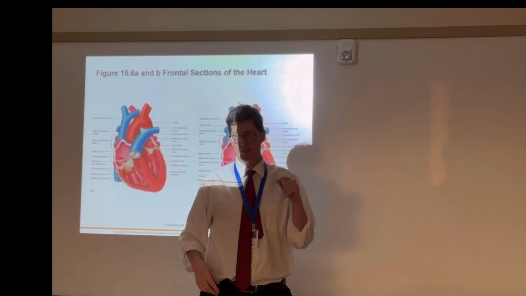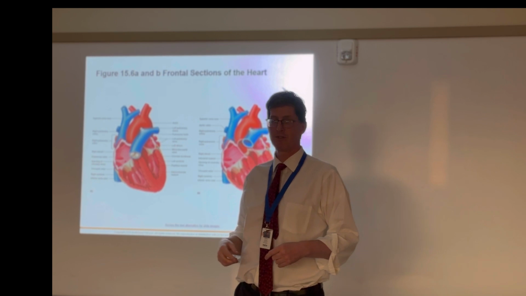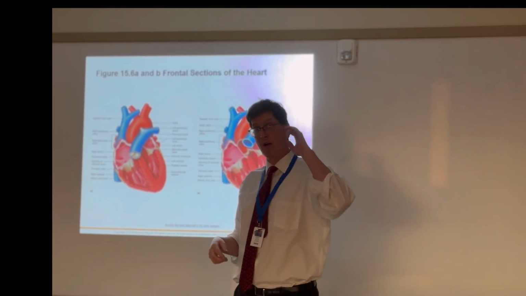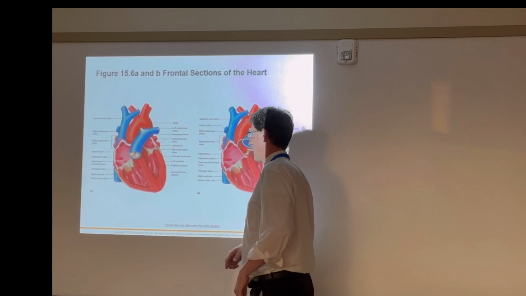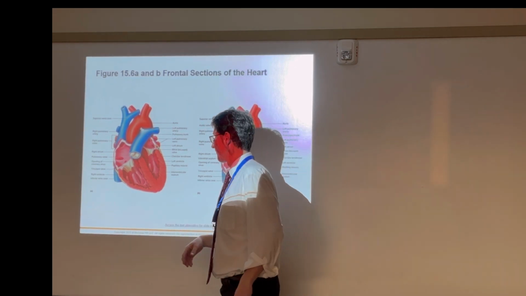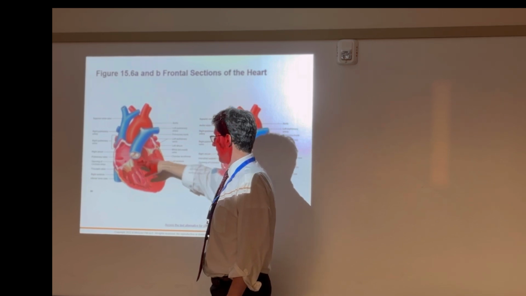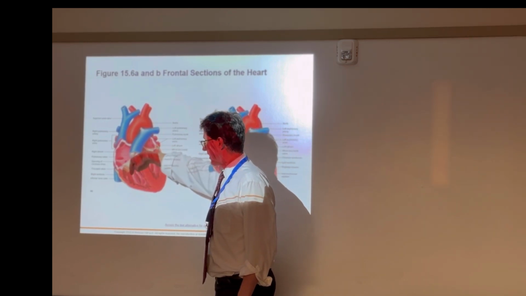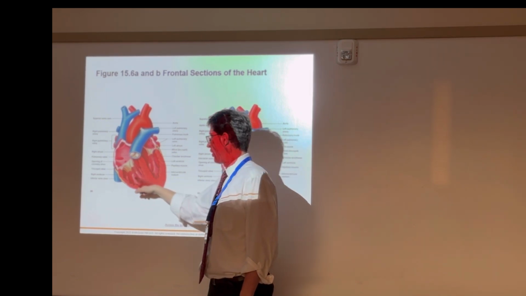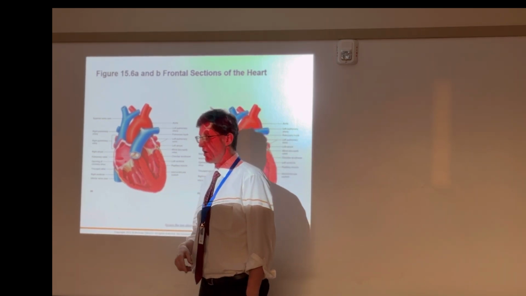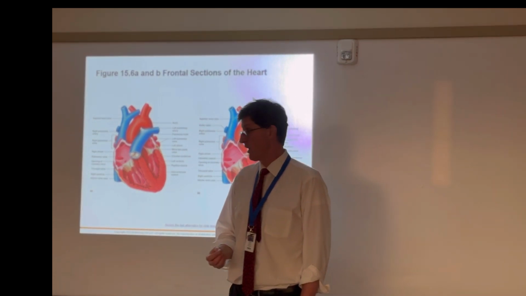Because we have these valves, the blood goes in one direction, which is great. We don't want it to go backwards because then the system isn't as efficient and we can't deliver as much blood to our body as we need, or to the lungs. At the bottom of the cusps of the atrioventricular valves, there are thin little connective tissue fibers called chordae tendineae that hook onto pieces of cardiac muscle on the inside of the ventricles called papillary muscles.